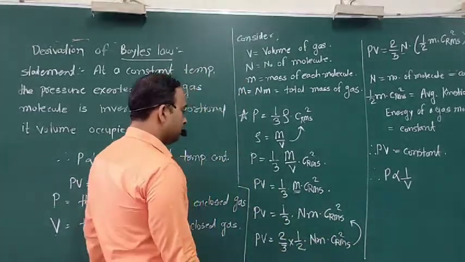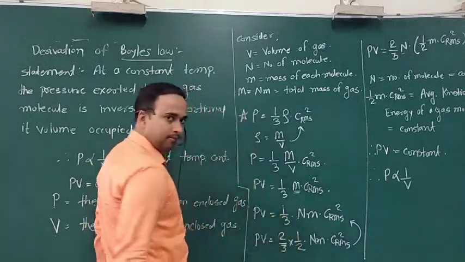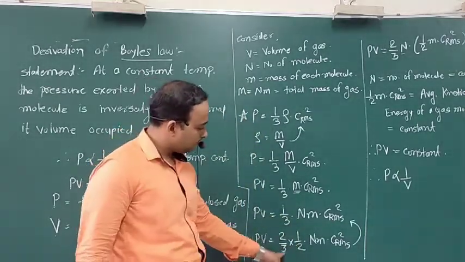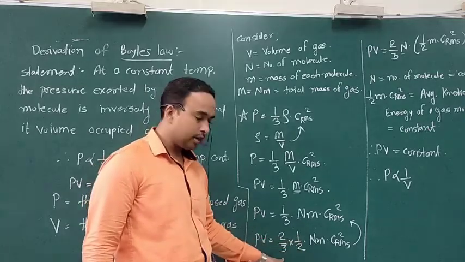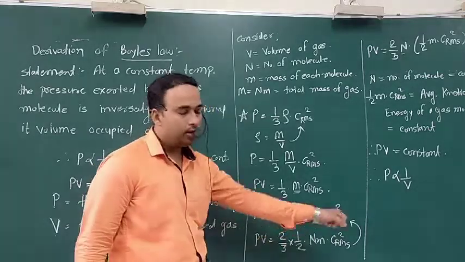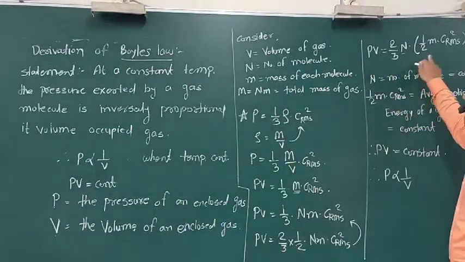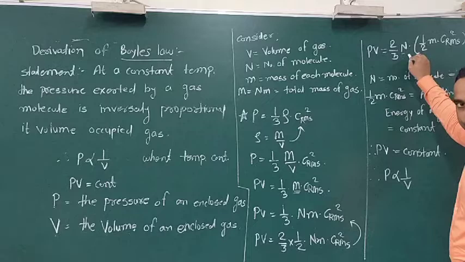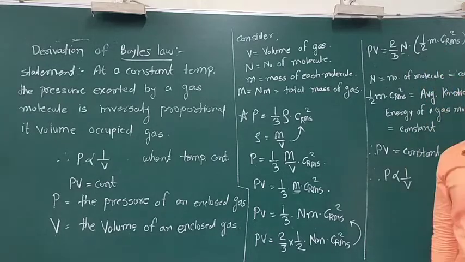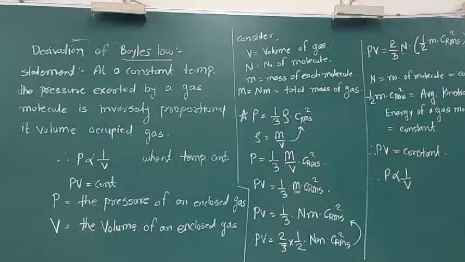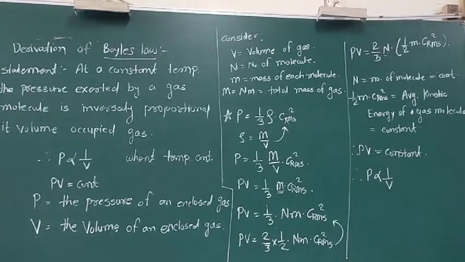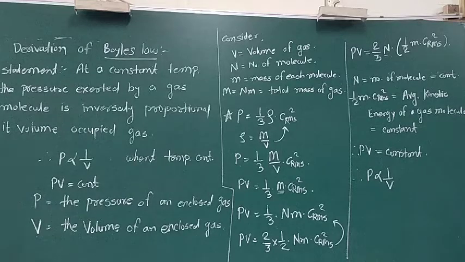Okay, so we can rearrange this term. So 2 by 3 and 1 by 2 get cancel. So again we get 1 by 3 into N into m into C RMS square. This term can be again rearranged as 2 by 3 into N into half m C RMS square. Half m v square is the kinetic energy.